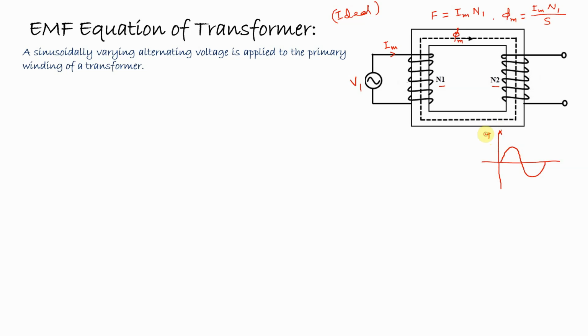So the magnetizing current will be AC with respect to time. And the mutual flux depends upon the current, because the number of turns in the primary is a constant value and the reluctance of the material is also almost constant. Therefore, the mutual flux will also be sinusoidal like the current. That means when the current is zero, the flux will also be zero. When the current is maximum, the flux will also be maximum, and so on.